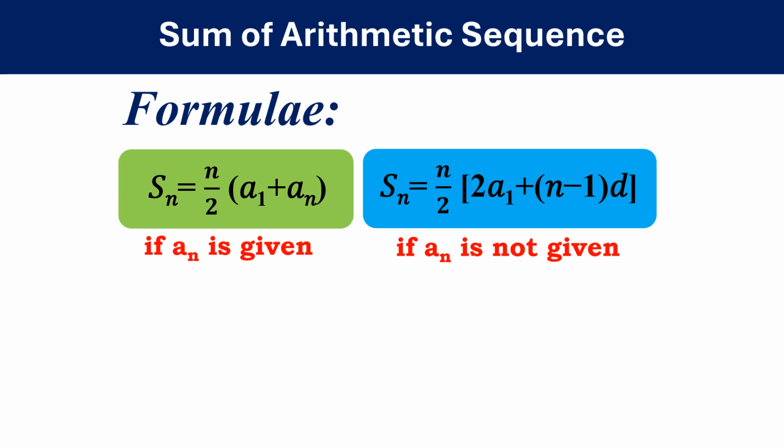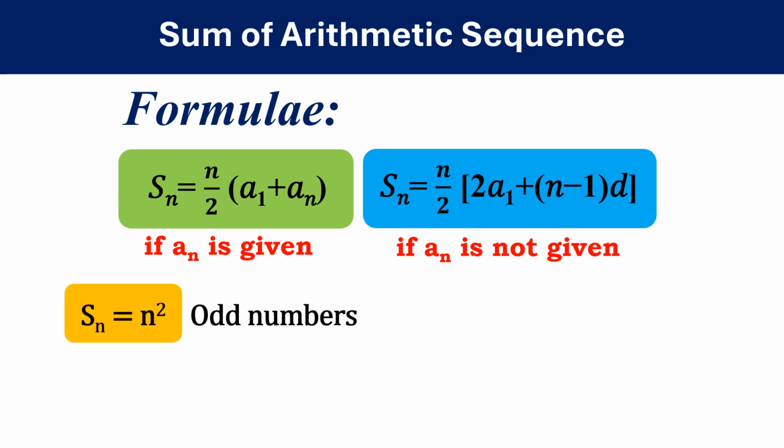Now, I told you that I'll be providing two more. These two more formulas are only used when the sequence is odd numbers or the sequence is even numbers. So if the sequence is odd numbers, which are 1, 3, 5, 7, and we're just asked to find the sum of it, then we're going to use the sum is equal to n squared, wherein again your n is the number of terms.